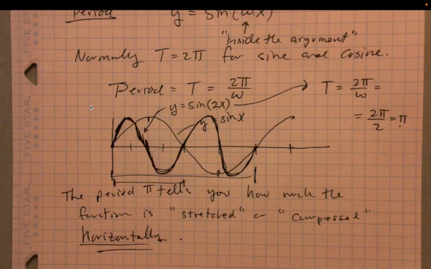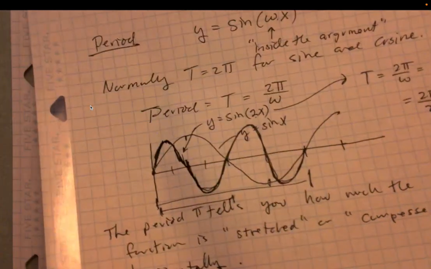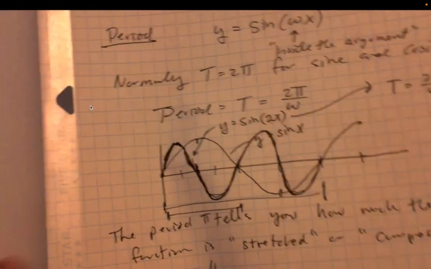All right. Very good. That's the idea of the period. Let's do an example where we find the period and the amplitude. We want to be able to pull these values out of here easily.